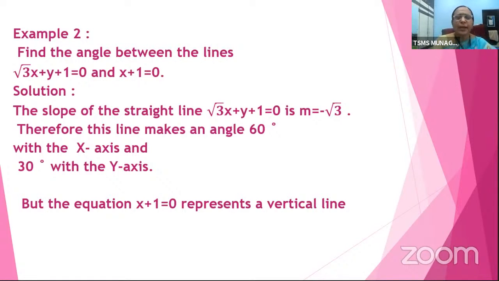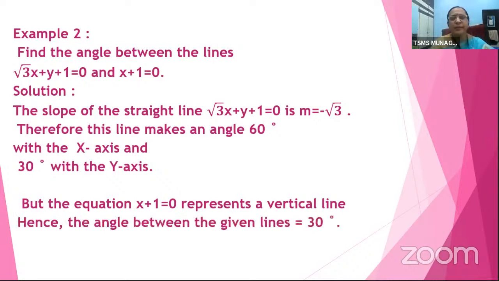So it is a vertical line, which is x plus 1 equal to 0. Vertical line means it is parallel to the y-axis. So, if the y-axis is making 30 degrees, obviously this line also makes 30 degrees. So the angle between these two lines is simply 30 degrees.